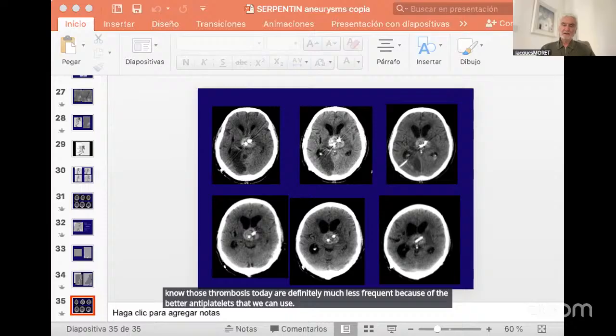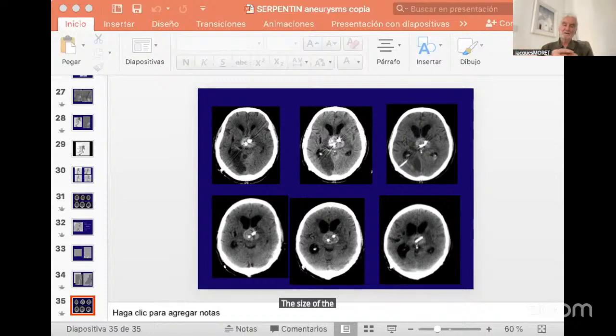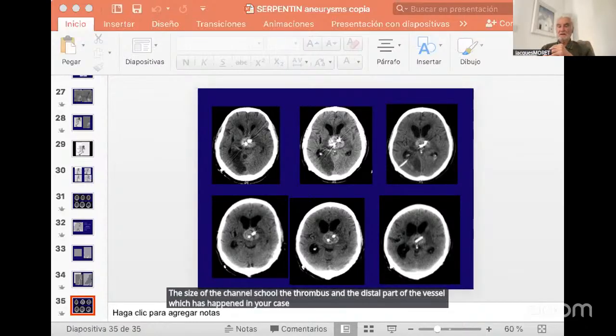But despite the fact that we have some coated stents, we still have potential complications due to clotting, especially when you deliver several stents in each other in a telescopic way, and especially when there is a big discrepancy between the size of the channel through the thrombus and the distal part of the vessel, which happened in your case. So there is no question that it's difficult.